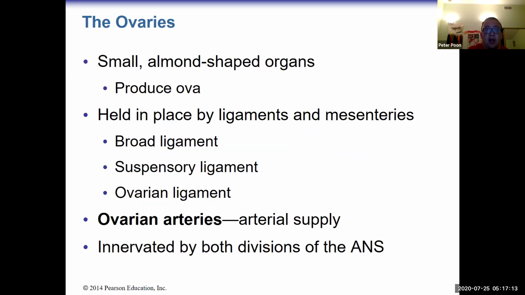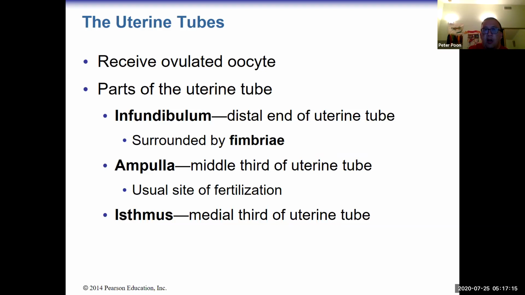The parts of the fallopian tube receive the ovulated oocyte. The first part is the infundibulum. That's the distal end of the uterine tube. It is surrounded by fimbriae. These are the little fingers that surround it.